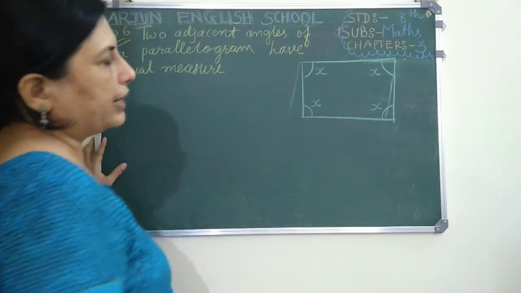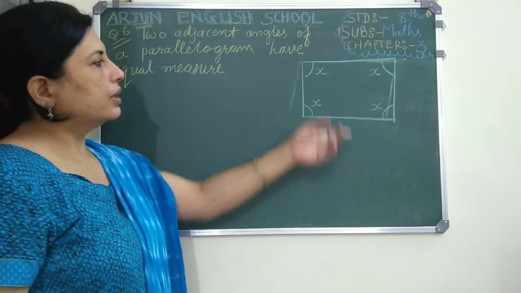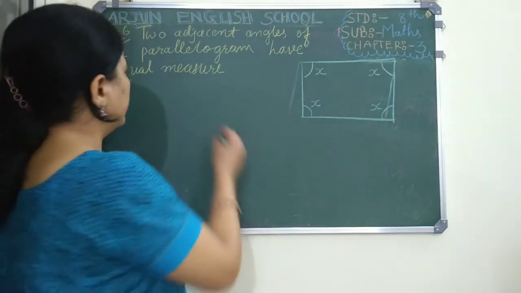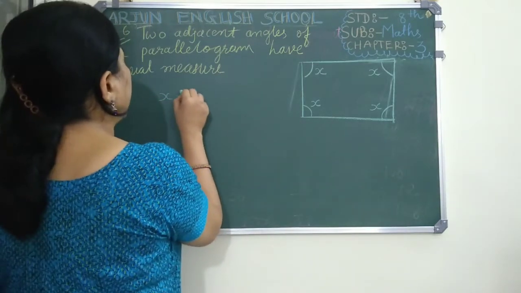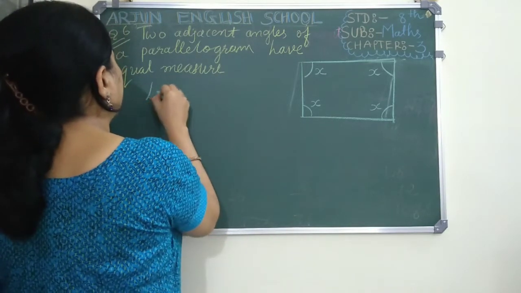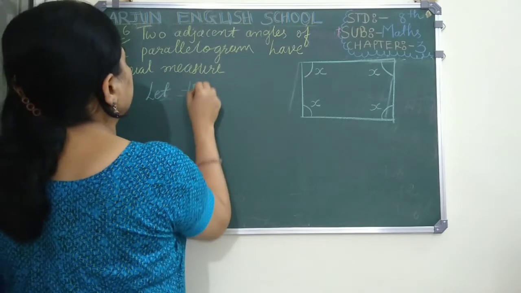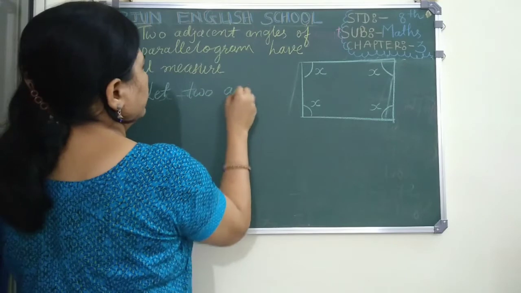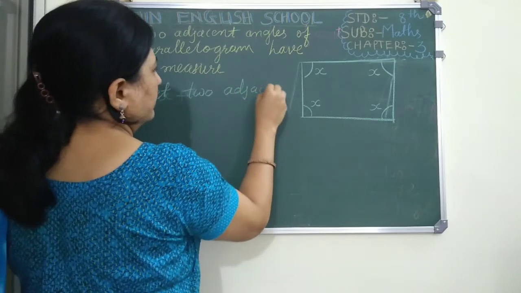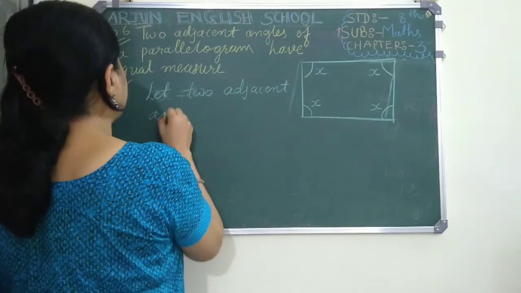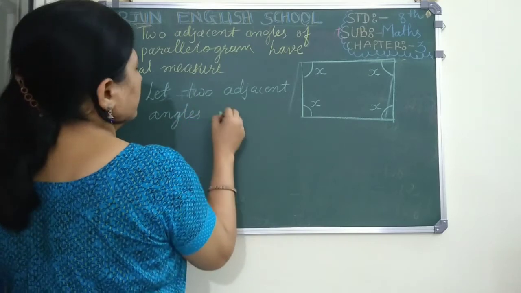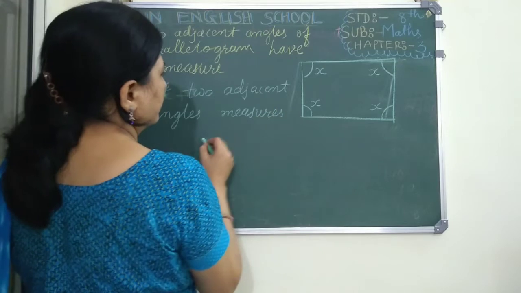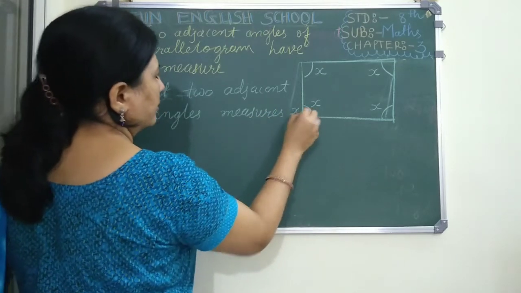So now we have to find out the measure of each angle. Here we can write that, let two adjacent angles measure x.